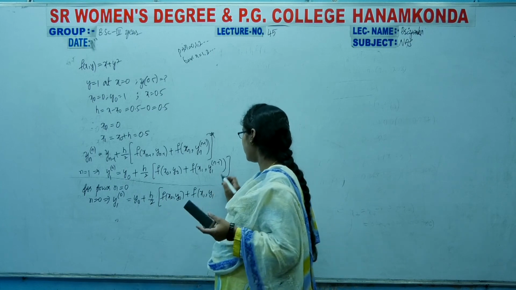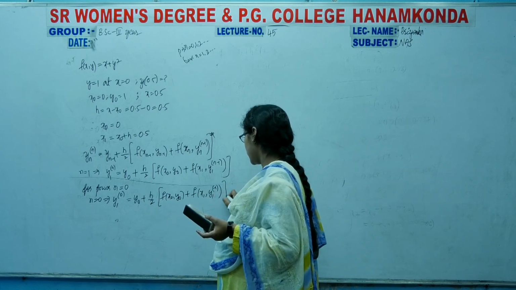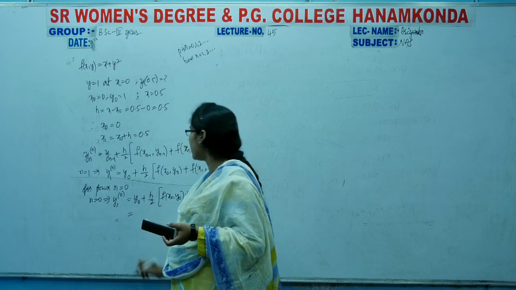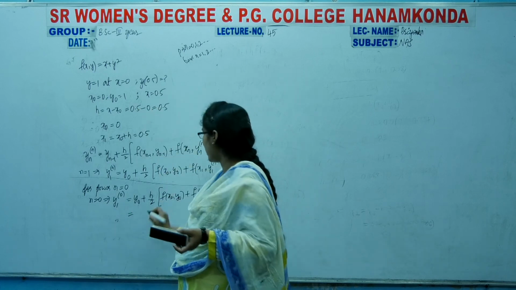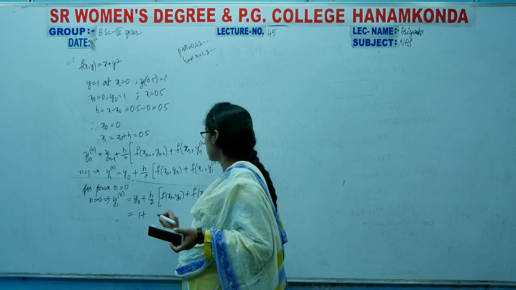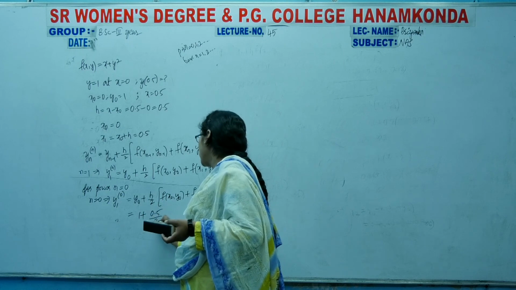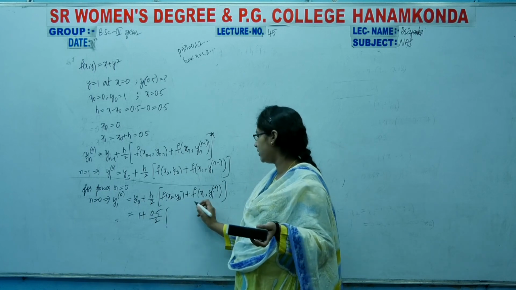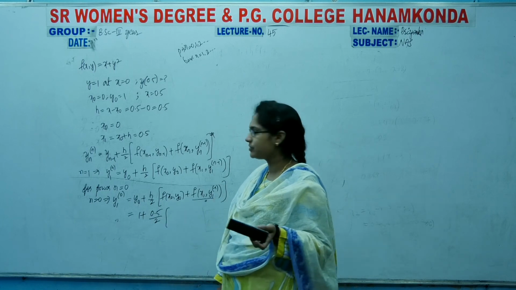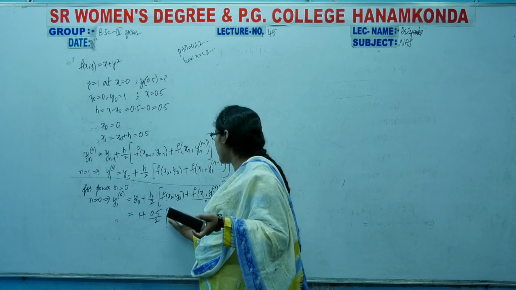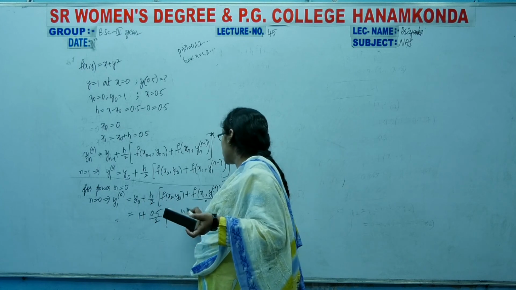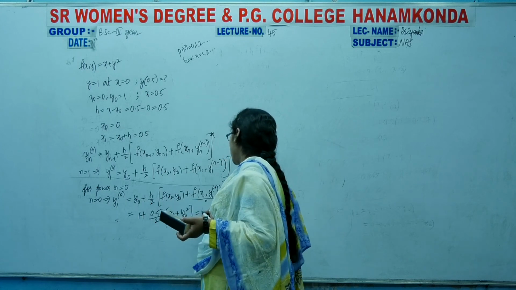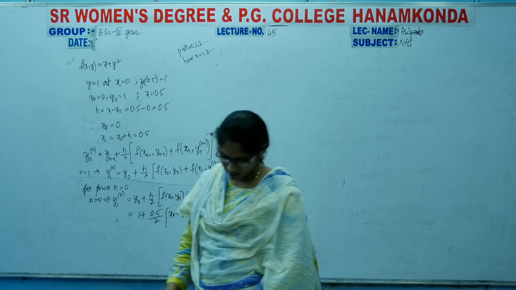Here we have minus 1, so I am taking it directly. What is the y naught value? 1 plus, what is h? 0.5 by 2, and here we have only f of x naught comma y naught. We don't have the other one, so take it as 0. Now f value is nothing but x naught plus y naught square. Now it is equal to 1 plus 0.5 by 2.